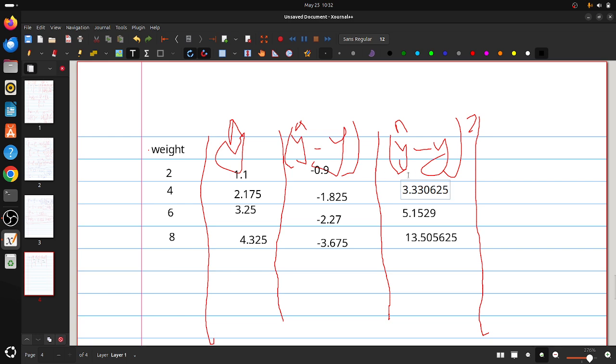I would have rounded off to 4 decimal points, but I want to capture the entire thing so that I see what happens to the error. So this will be 0.81, right? 0.9 squared.